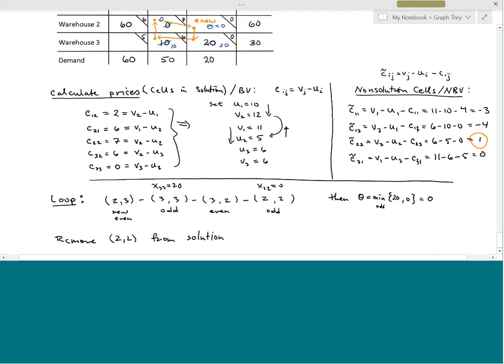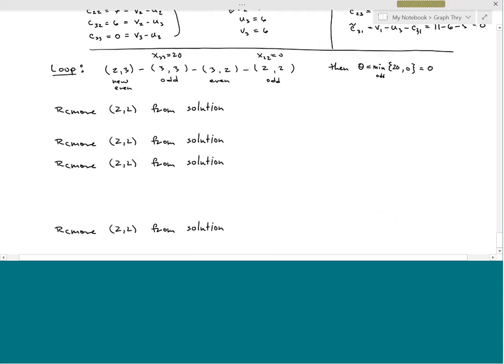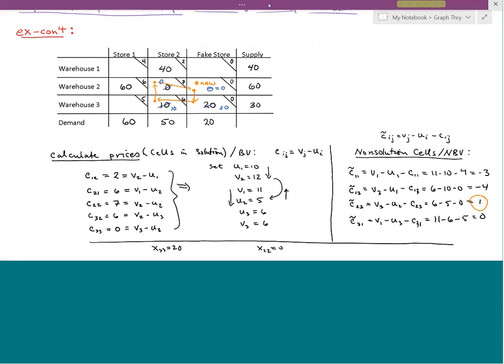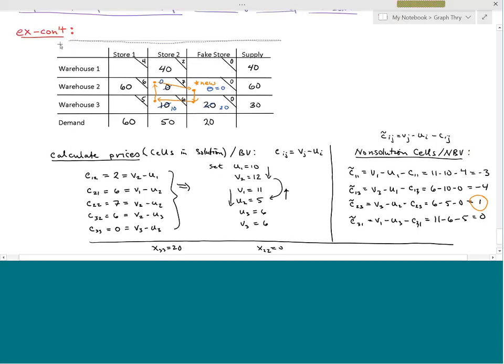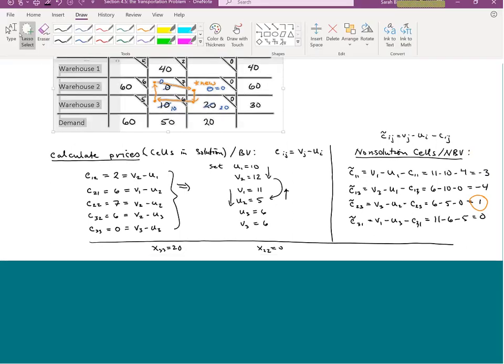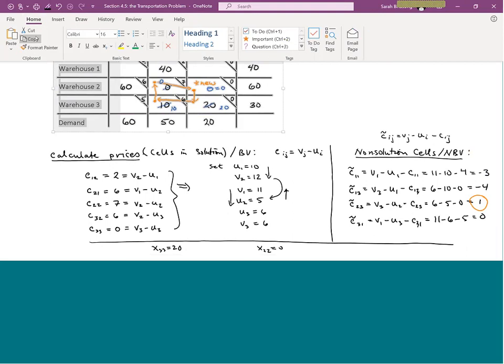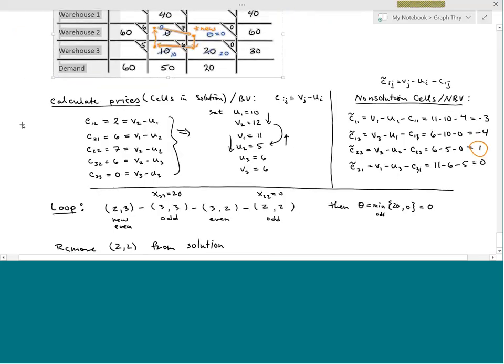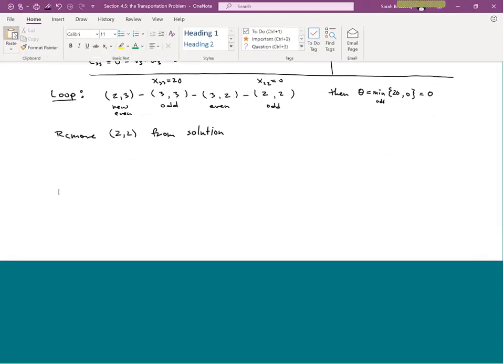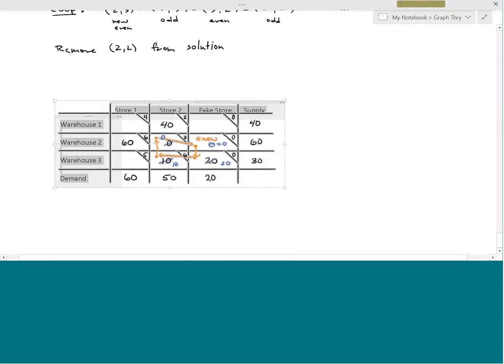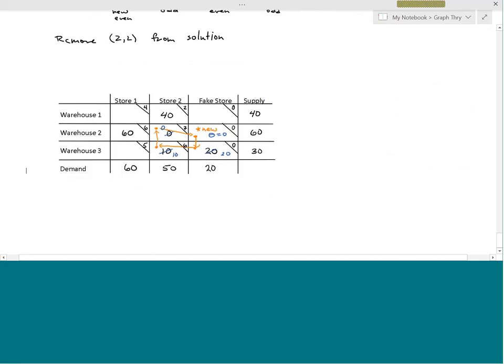And I don't think I have this guy prepped up. I do not. So let me copy and paste. So then our next iteration is we're going to start with this new solution. And let me see if I can't get rid of the extra writing here.